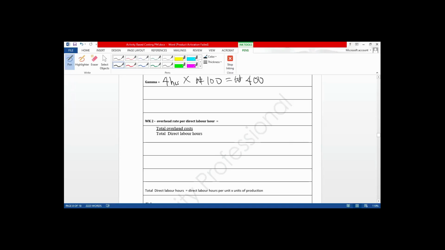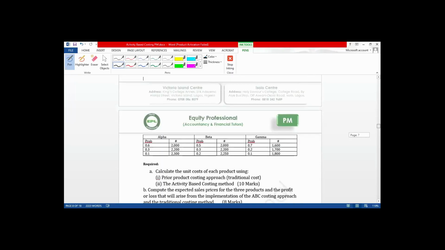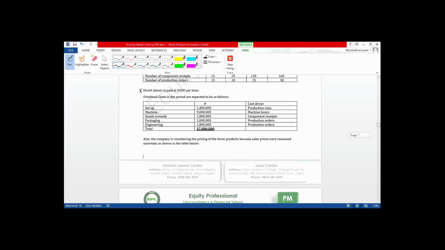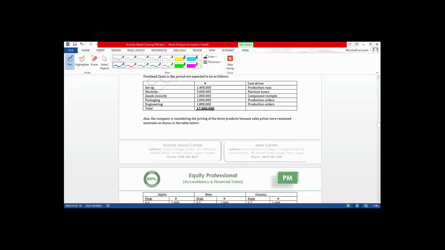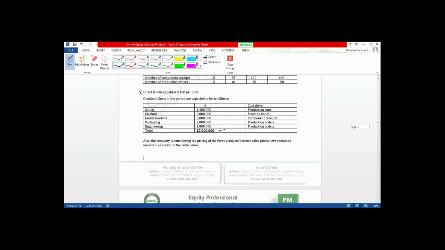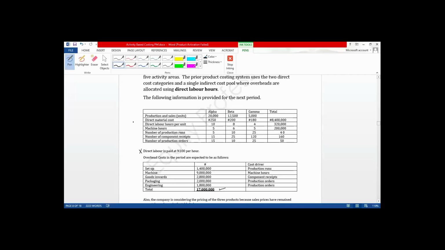Let's go back to the question. Total overhead cost is 17 million. You pick that, then look at it. Direct labor hours total is 320,000.